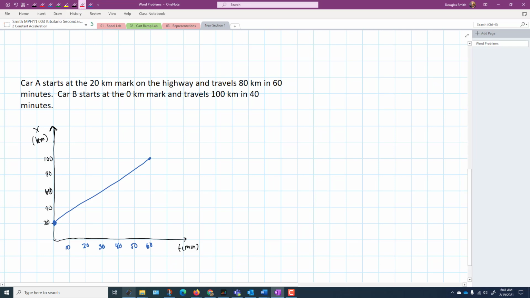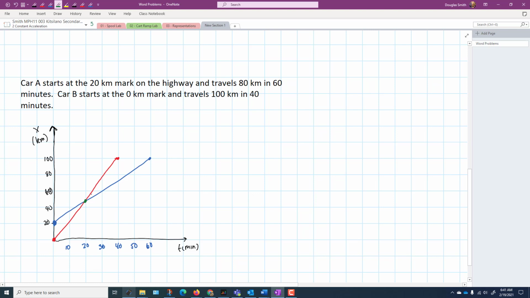Car B starts here. It travels 100 kilometers in 40 minutes. So 0 plus 100 is 100. And that does that in 40 minutes. Okay. So there's a position time graph for our two things. We notice that they meet at some point.